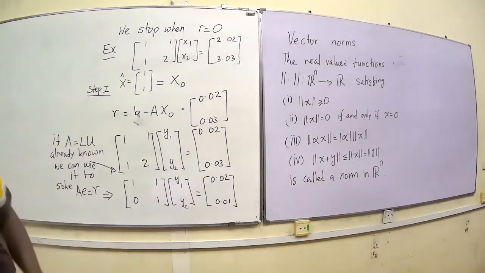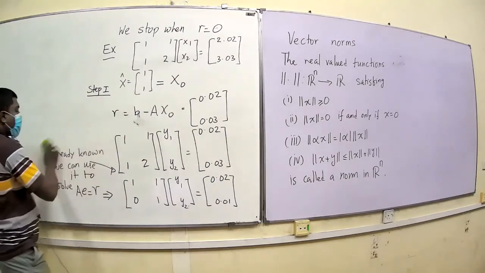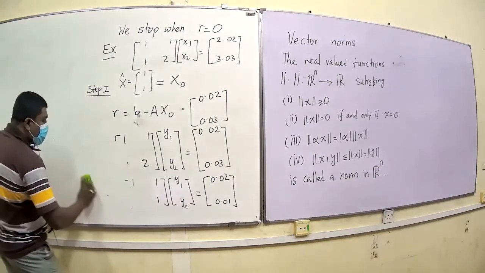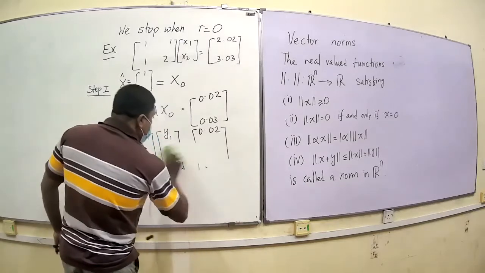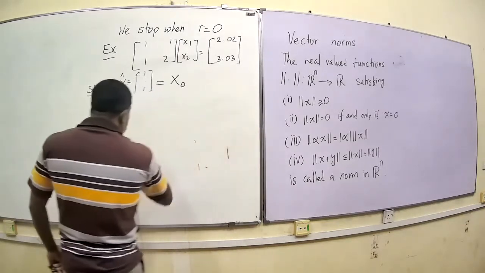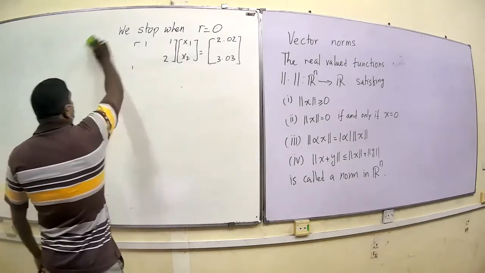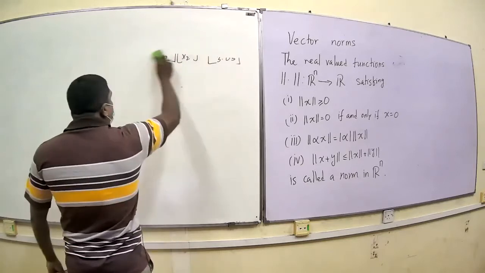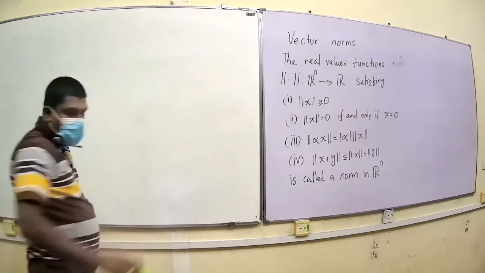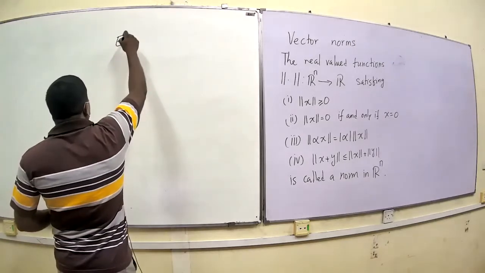Now you might wonder, how do you define such a function? This is not a hard thing. There are different ways to define vector norms. One simple one is the absolute value sum. Okay, so examples.